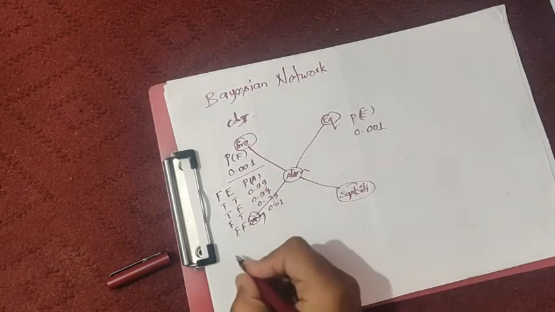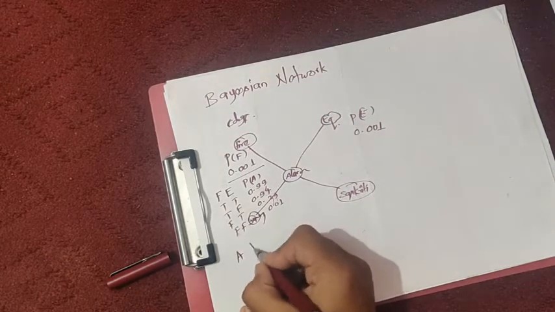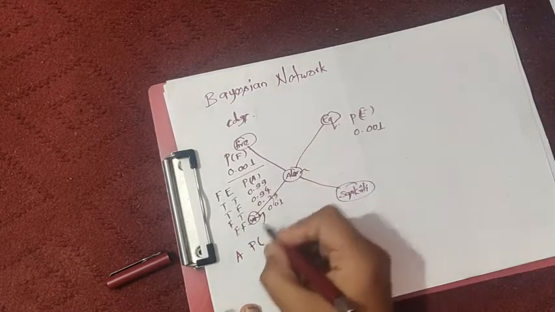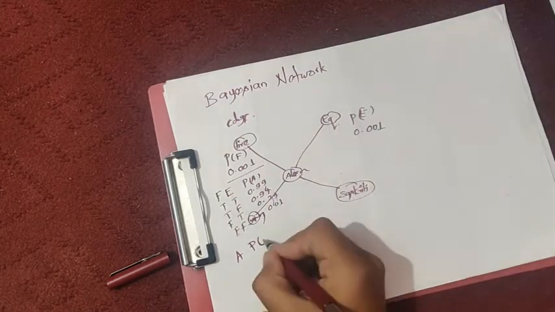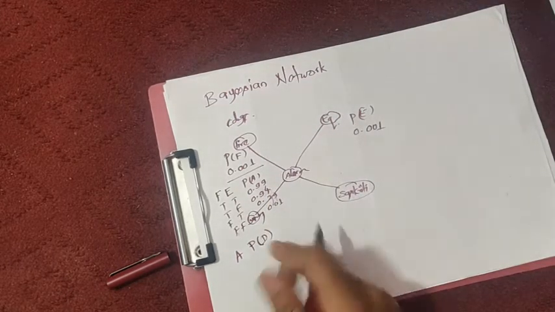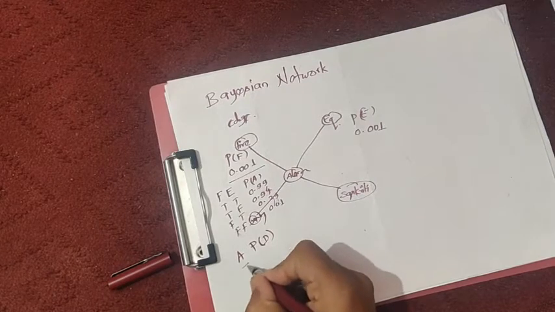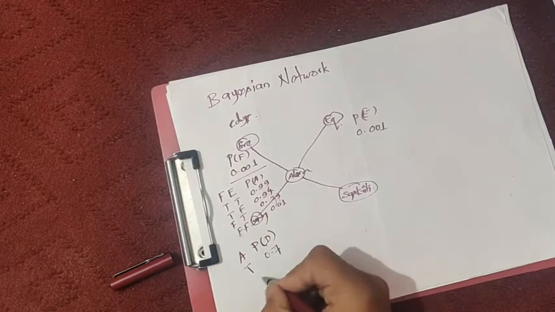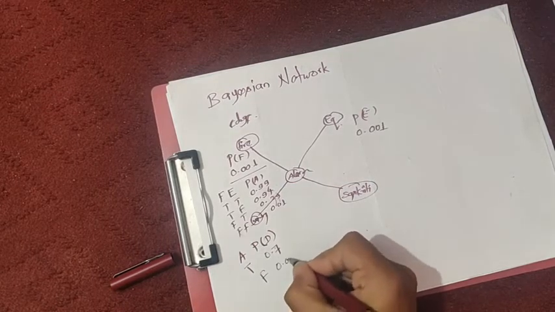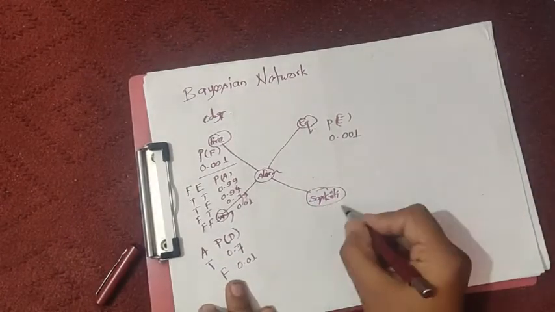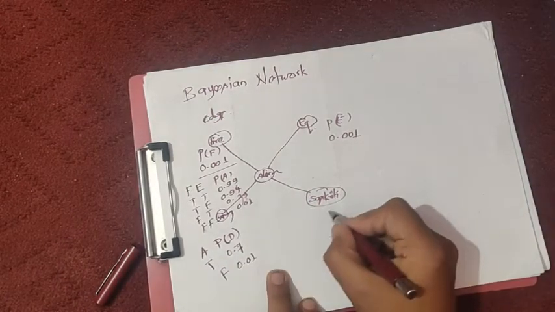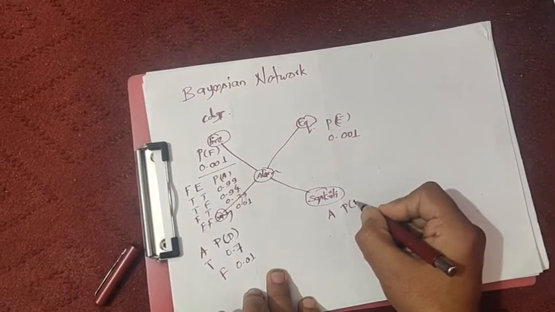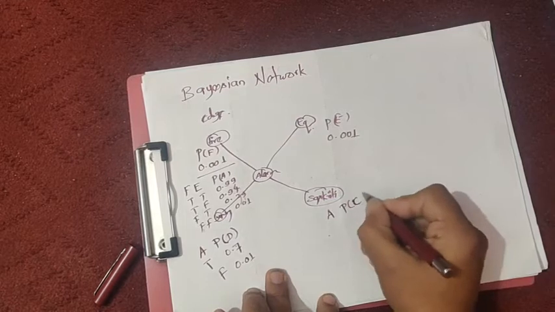If the alarm rings, then the probability of Suraj calling, that is the call operator informing, let us suppose as D. If true, let us suppose the probability is 0.7, and if false, the probability is 0.01. For the case of Sanskriti, let us consider C for her.